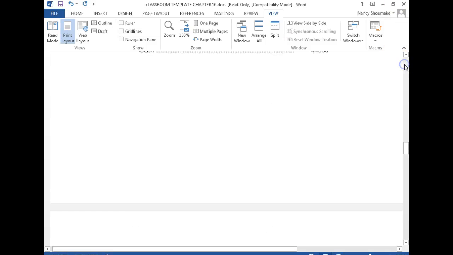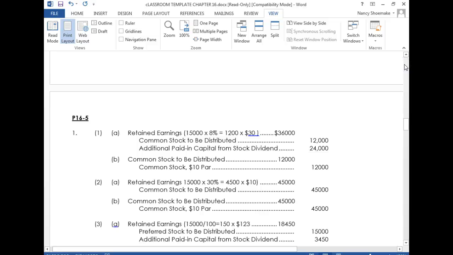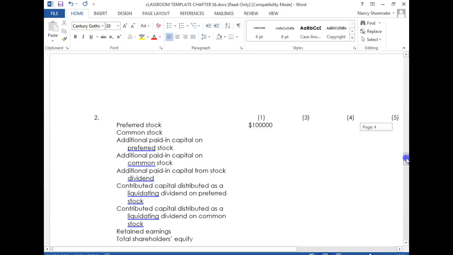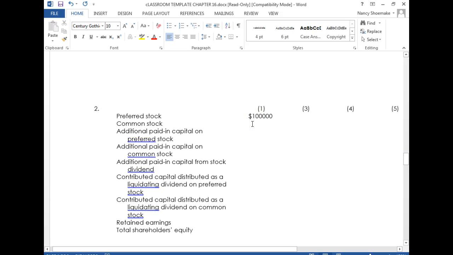How much did we add to it? 12,000. So we added 12,000 to the 150, which gives us 162,000.